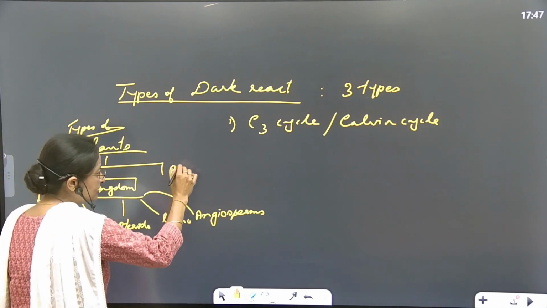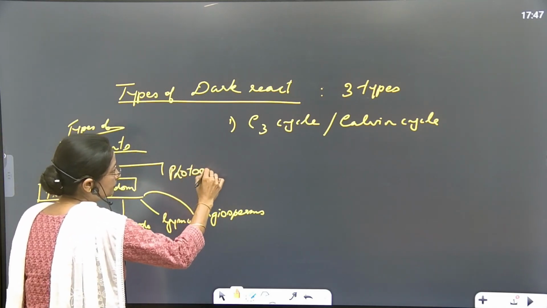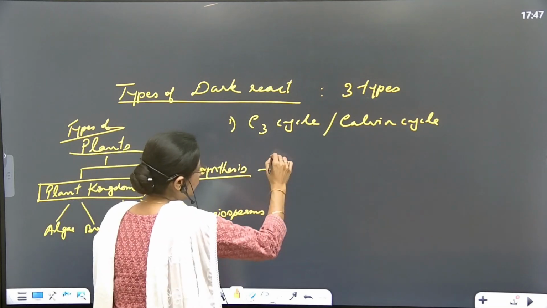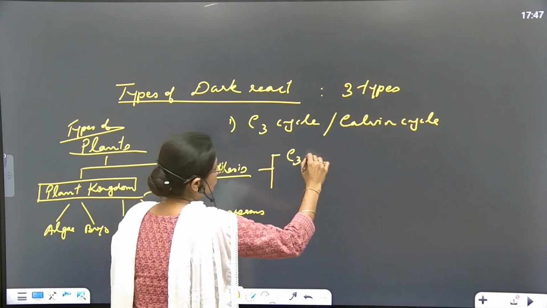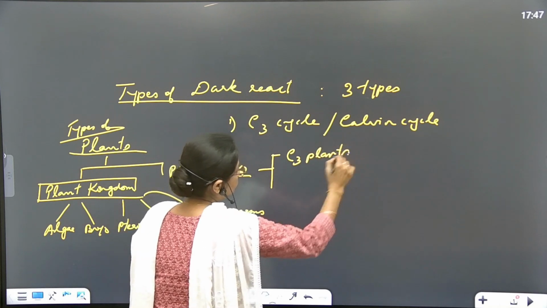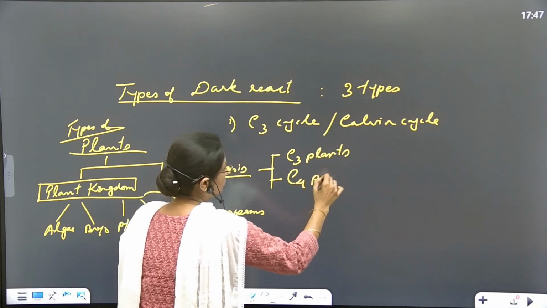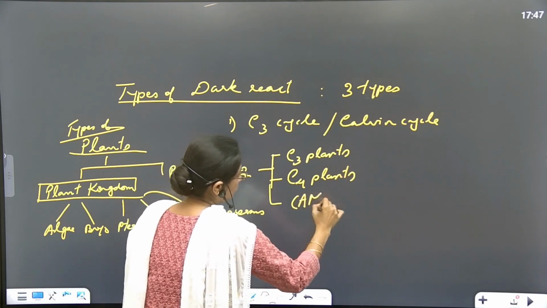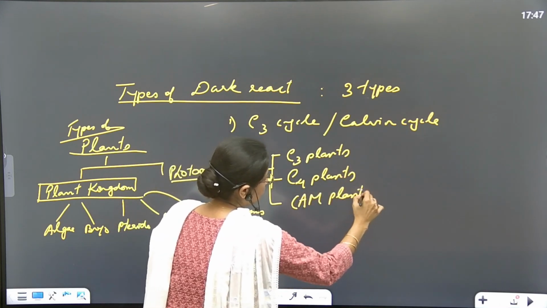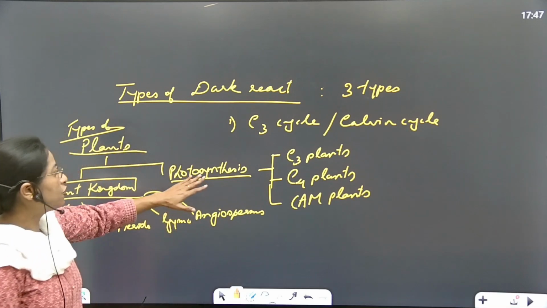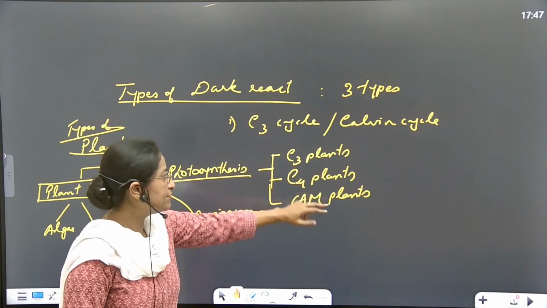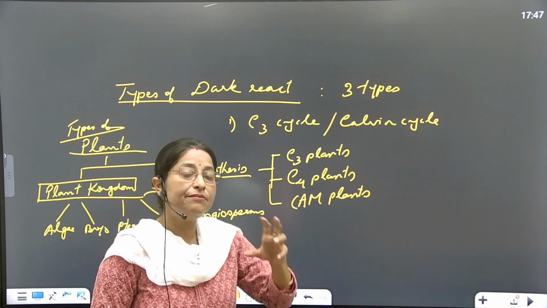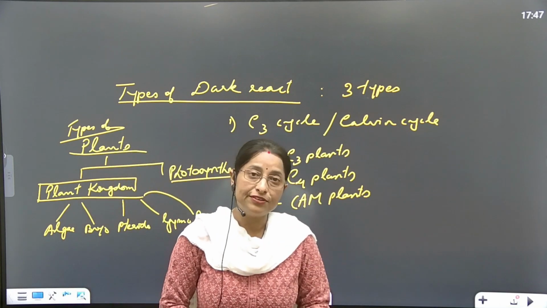From photosynthesis point of view, we'll come across 3 types of plants. So from photosynthesis point of view, we see 3 types of plants: C3 plants, C4 plants, and CAM plants. Different plants will have different types of dark reaction.